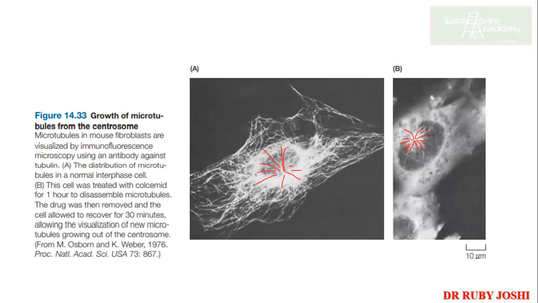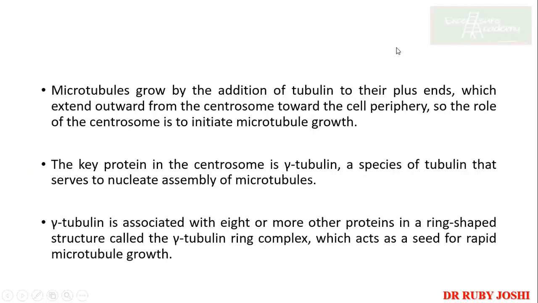Here your microtubules are spread throughout the cell, right? But here it is not. And then later the drug was removed. Okay, so what we saw is that from the centrosome only, to a few length only the microtubules were able to assemble or grow. Okay, so that's how colcemid will inhibit the polymerization and hence inhibit the cell from growing.